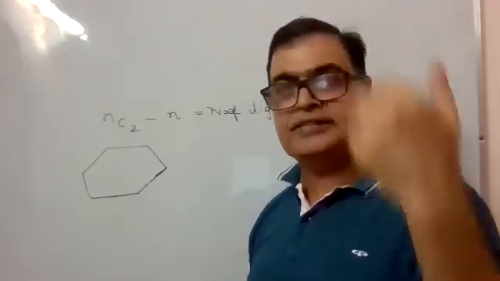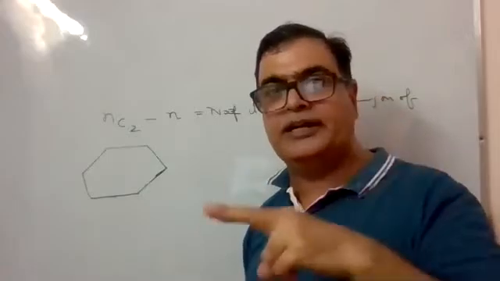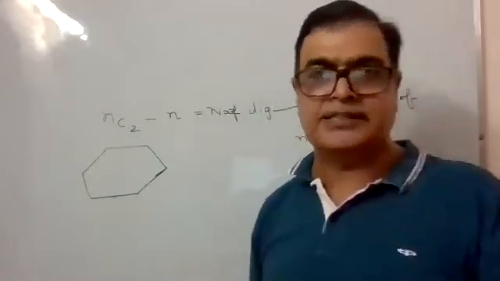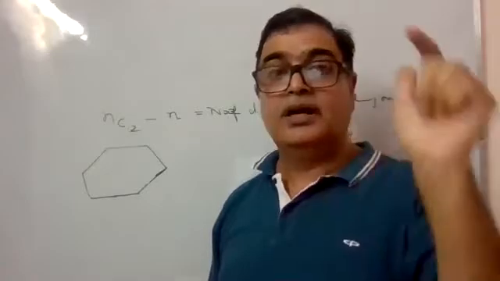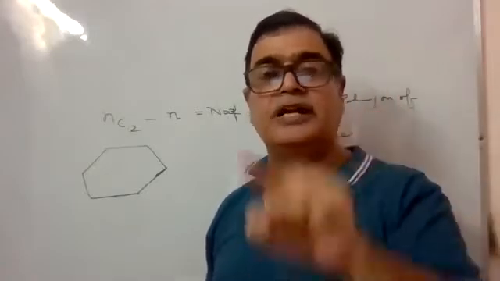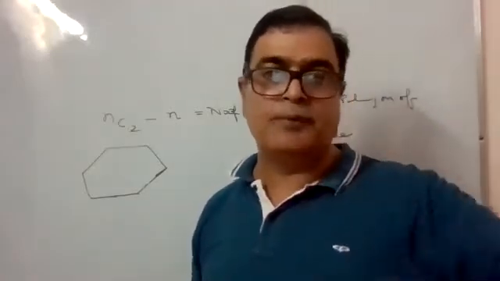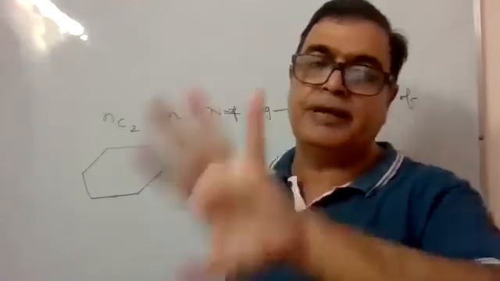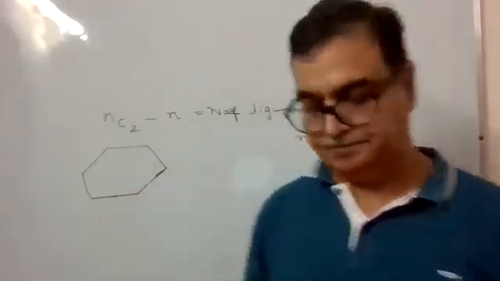So all the 2-point selections give you lines. That means total lines will be NC2, but out of that, n is the number of sides forming the polygon, which are not diagonals. So we subtract that, and the remaining part will be the diagonals.